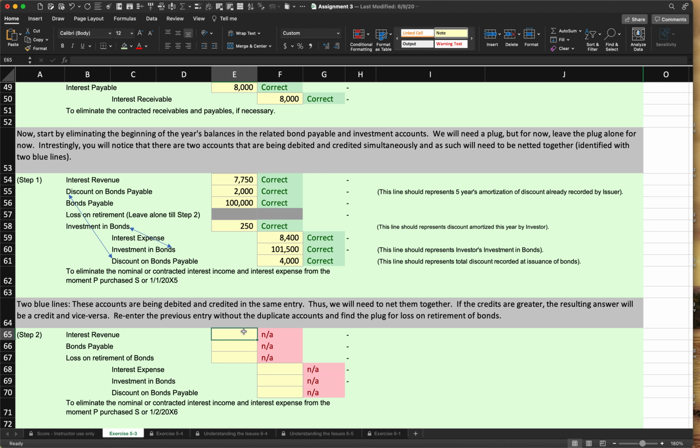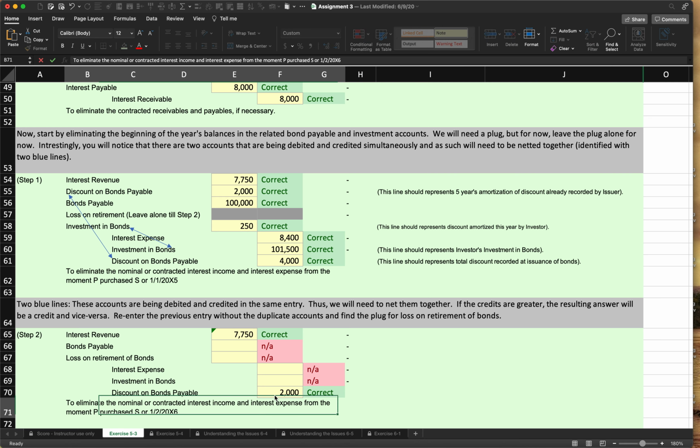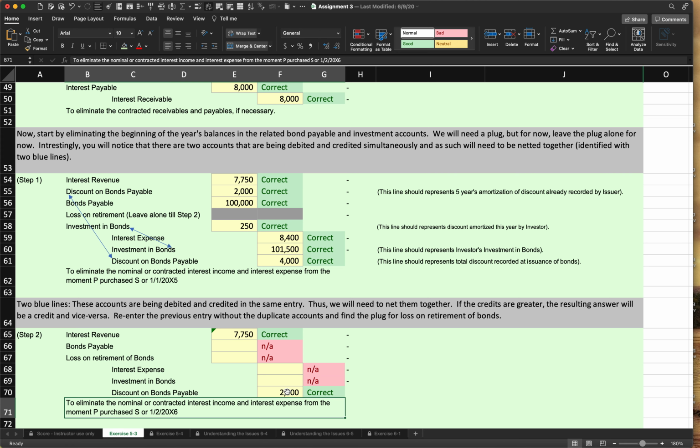Okay. So interest revenue is still the same. That doesn't change. The discount on bond payable was debited 2,000 and credited 4,000. If you net the two together, you should end up with a credit of 2,000 in discounts on bonds payable. And I can go ahead and just enter the formula there as 4,000 minus 2,000, or just simply 2,000. That takes care of the first arrow here.